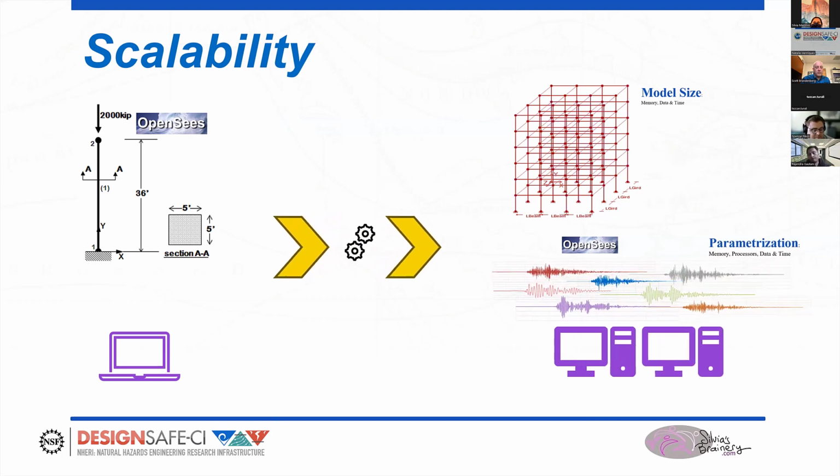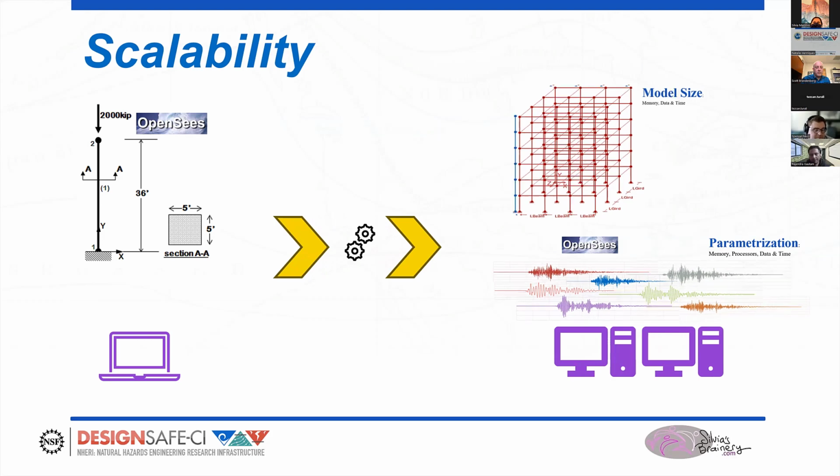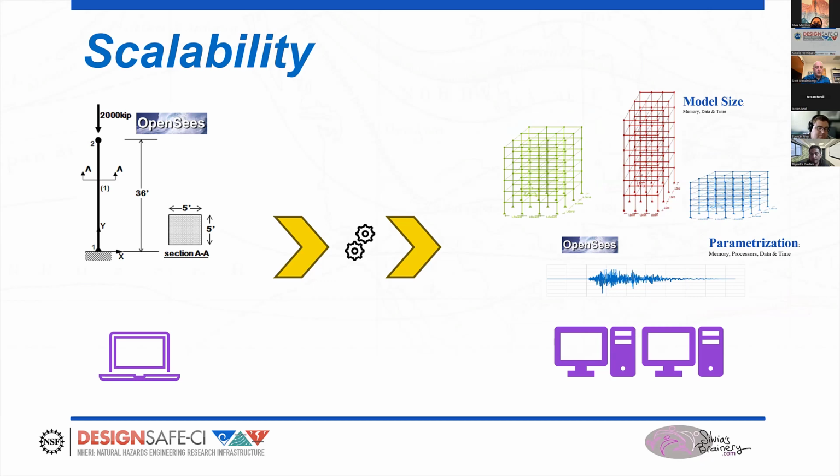And now what if we start bringing in not just model size, but parameterization? Now we've got many more analyses that we need to run, maybe on a single model. So now we may need two computers, two desktops, which is something doable. You can always see it as two cores, or you can do parameterization on your model.